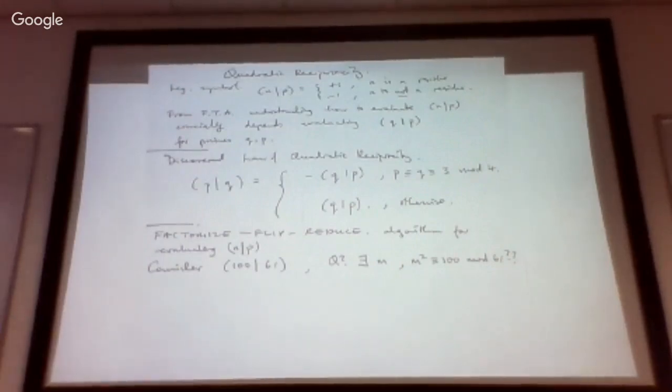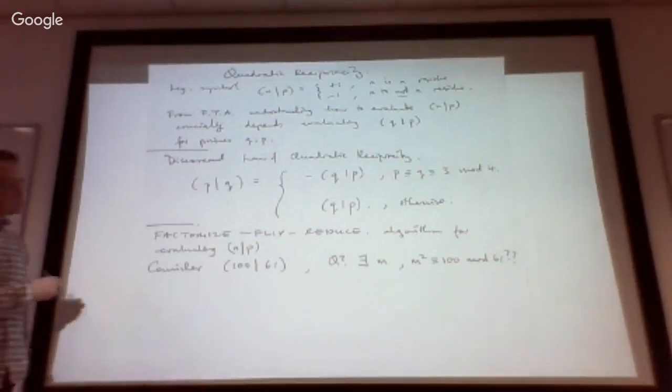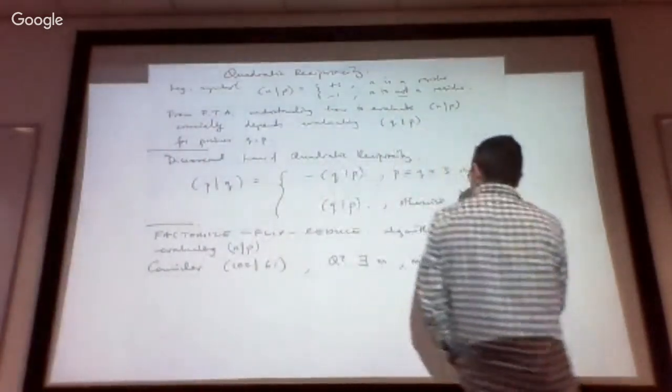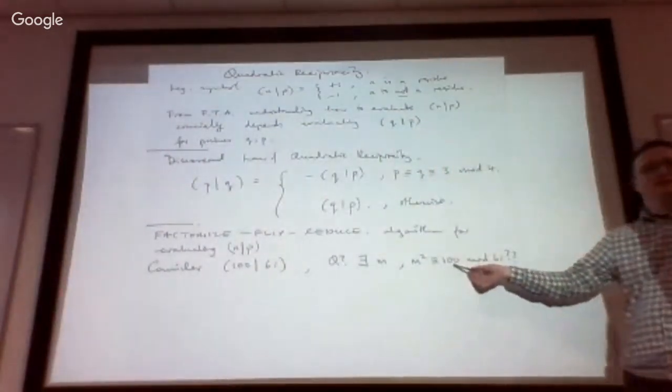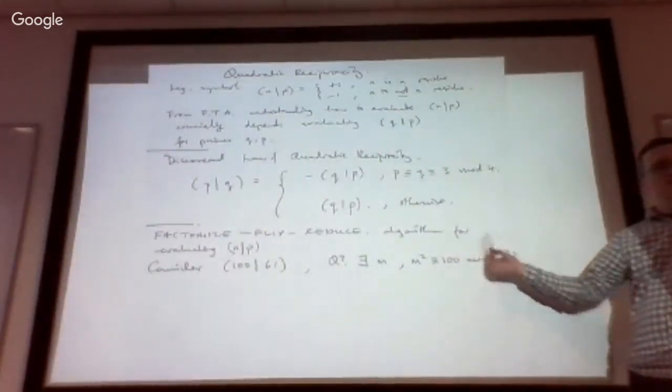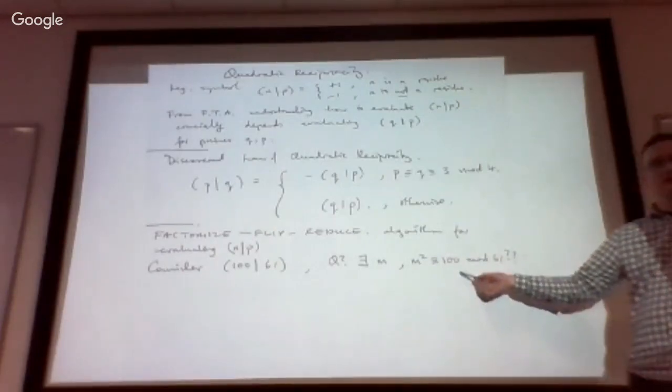Okay. So we're going to factorize, flip, reduce, factorize, flip, reduce. Now, which bit do we do first? Well, someone whispered factorize, but that's not the right answer. The 100 is a bit too big, really. There's a better representative of 100 modulo 61. We should reduce first.